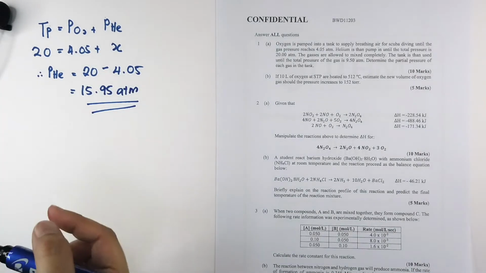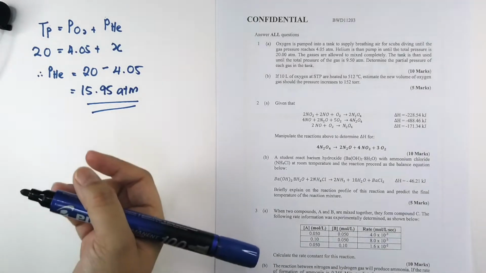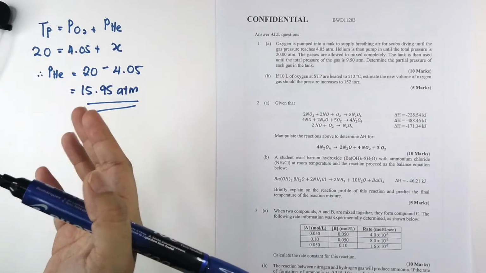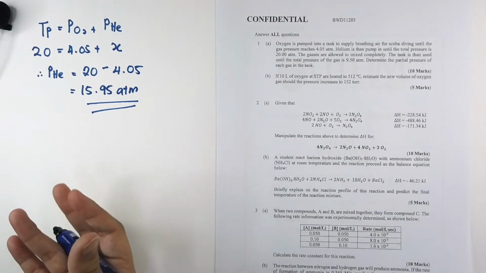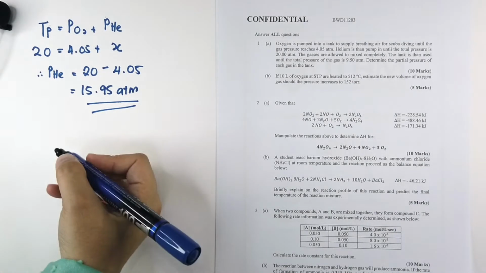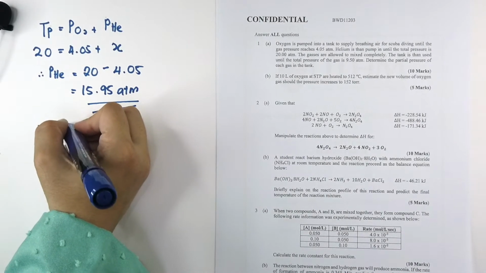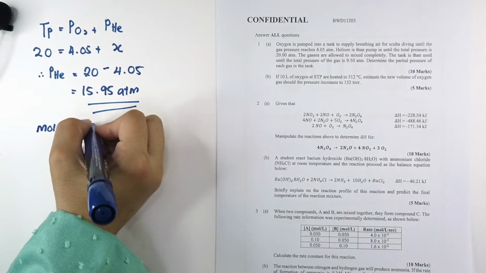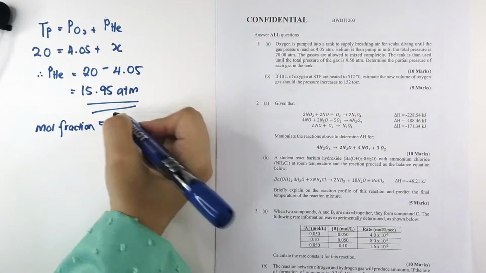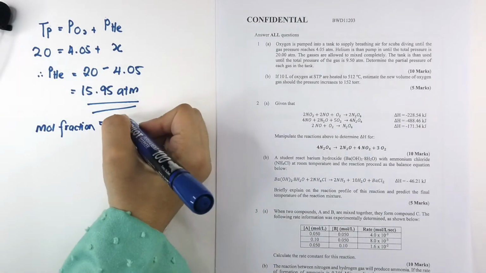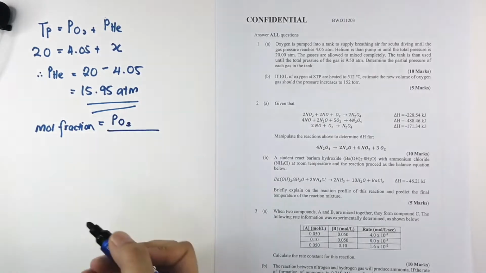And then you need to find the mole fraction. What is the mole fraction of each gas? In terms of calculating the mole fraction, you need to know that the mole fraction is equivalent to the pressure of the gas that you want to know the mole fraction of, divided by the total pressure. For example, I want to calculate for oxygen first.